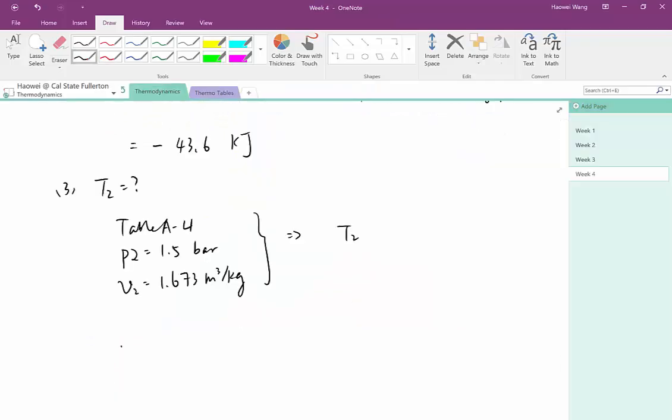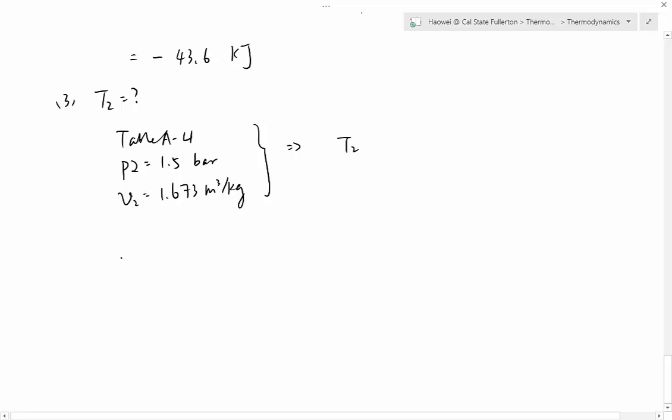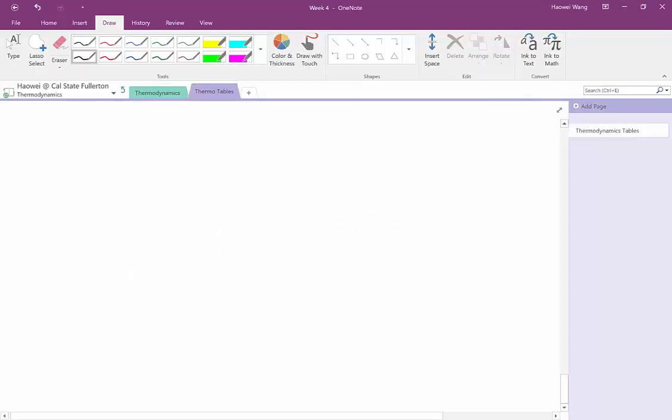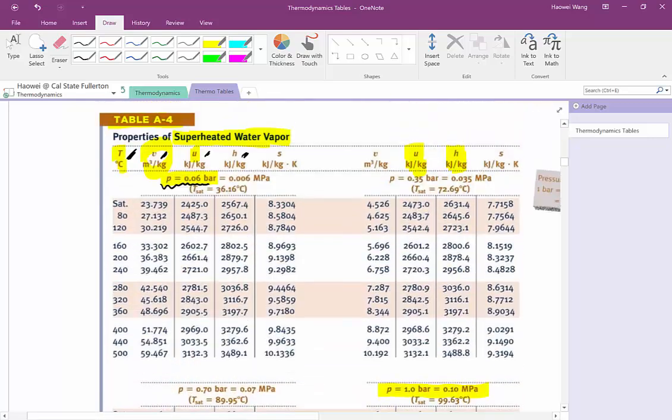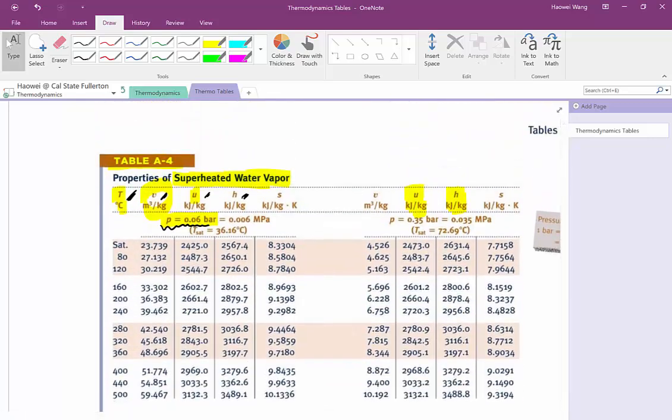Okay, go back to our notes. This time you perform interpolation again, and then find T2. The corresponding T2 is 273. And don't forget the unit. And what is the unit for temperature in this table? It's not Kelvin. Pay attention. If you forget, just go back to the top of the table, and you can see the unit is Celsius.